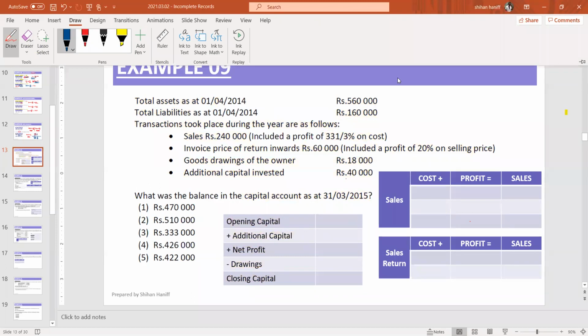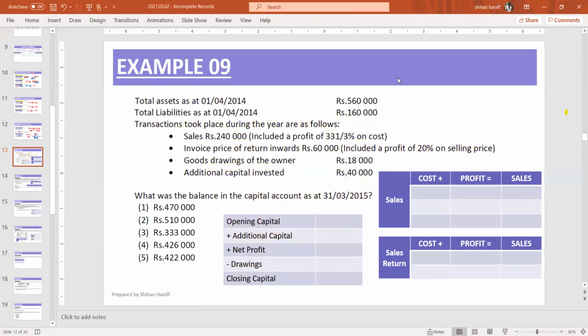What is the opening capital? Opening capital means assets minus liabilities on 1st of April.